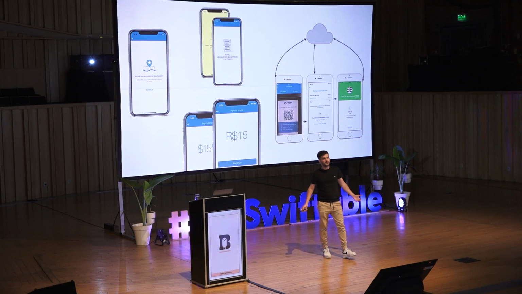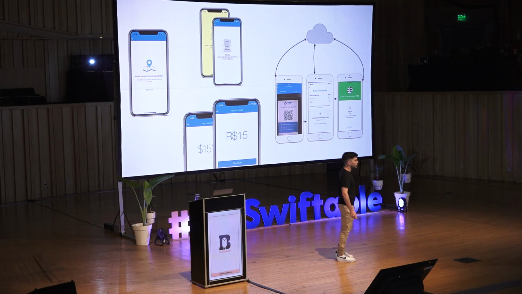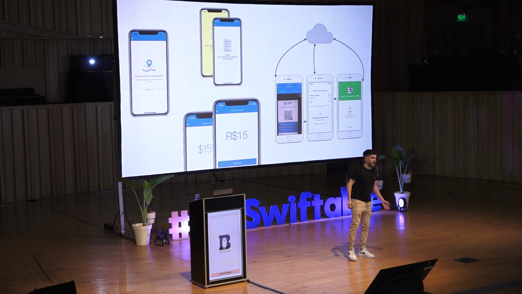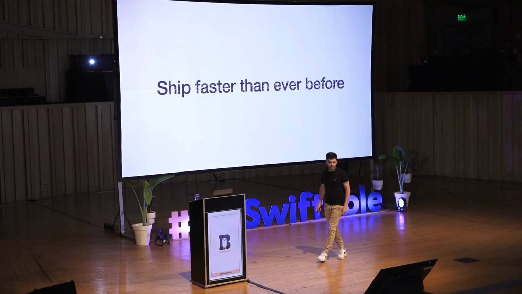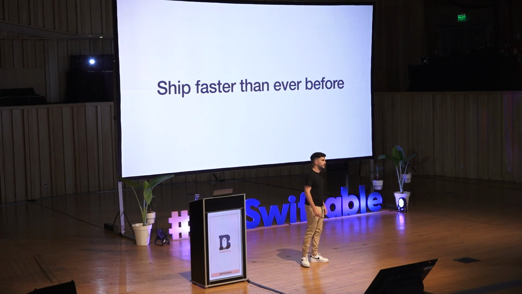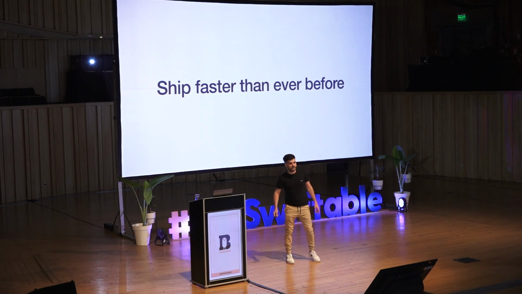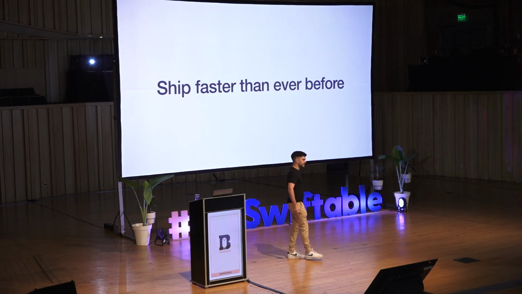What this enabled us was to create, configure, and deploy new flows without the release of the app. And this gave us tremendous speed, and we were able to ship faster than ever before and create new products with little to no intervention of the mobile team. And this was excellent, and the product team loved us.